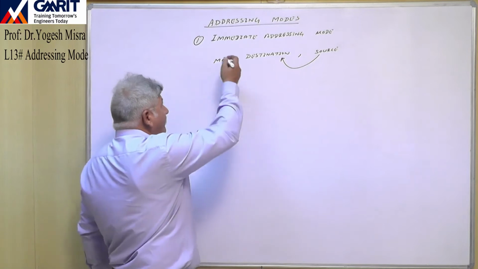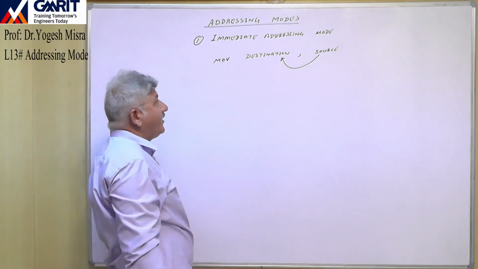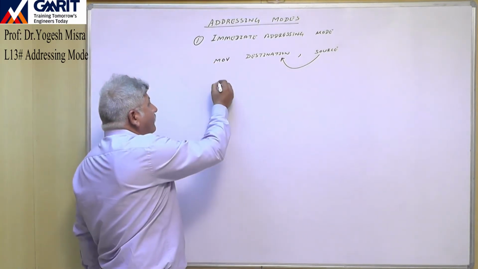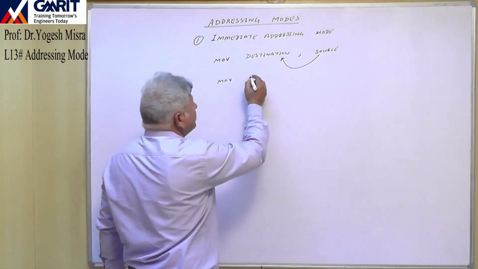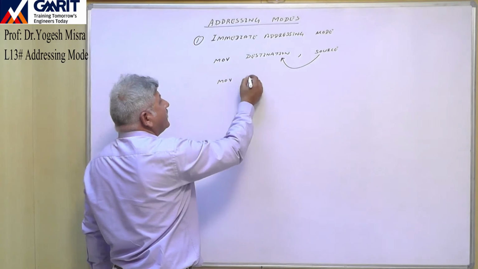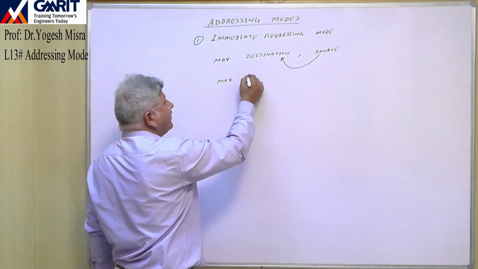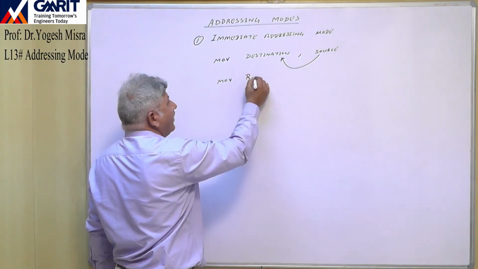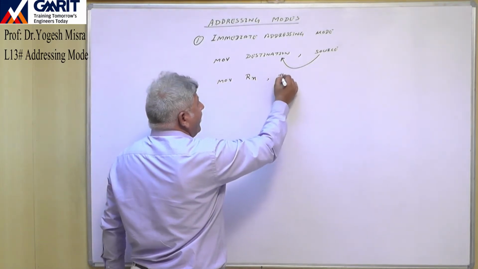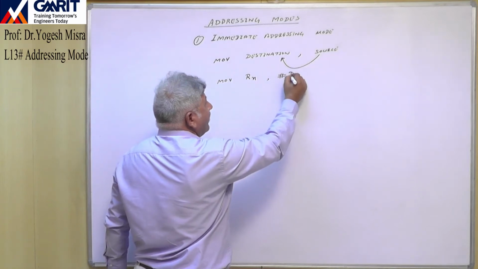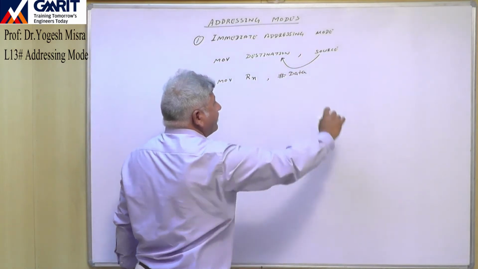So now we will take the example of immediate addressing mode. First case, move. Suppose for the destination we take one register Rn, comma, hash, data.